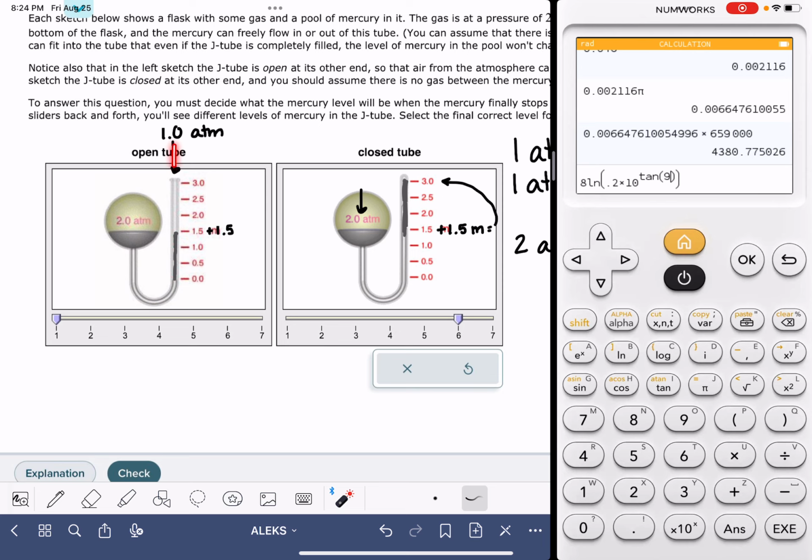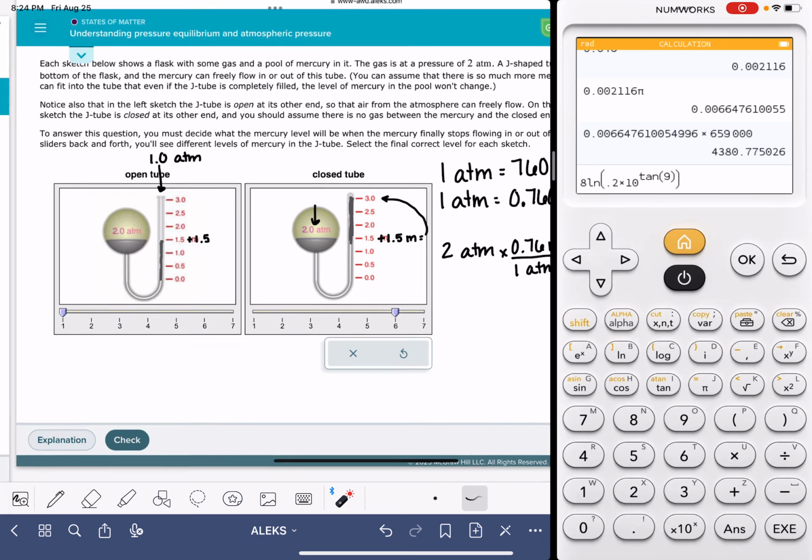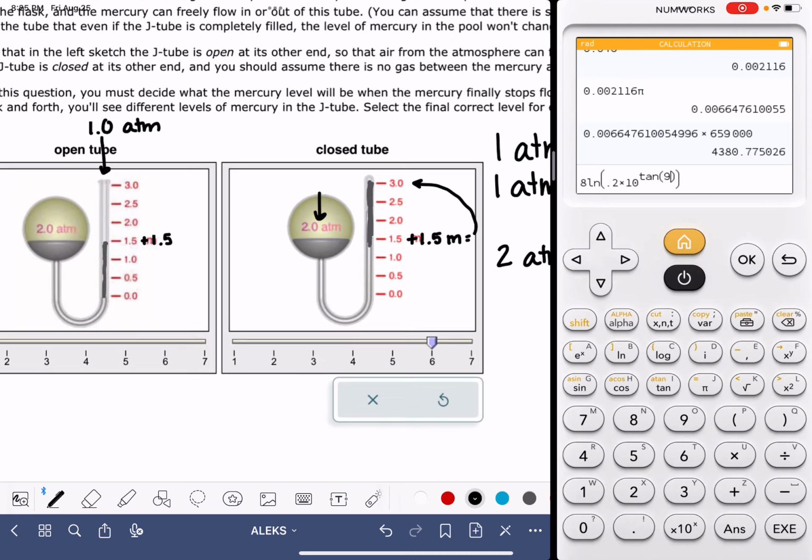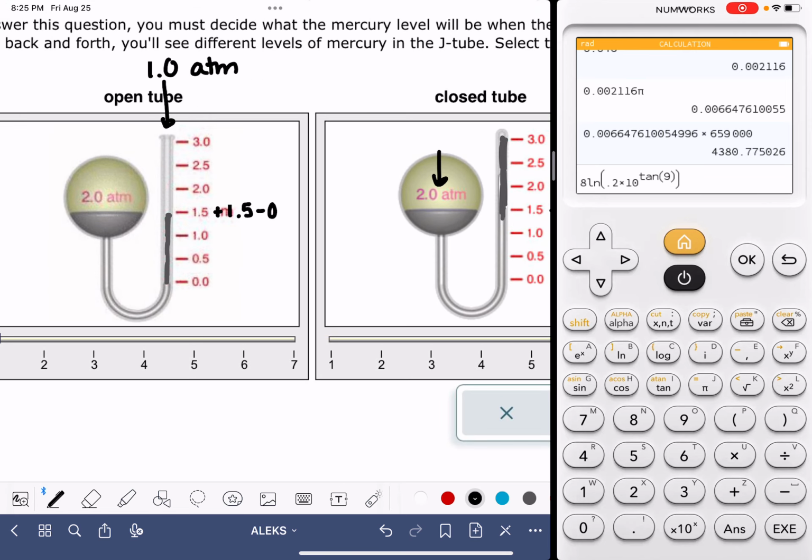So the atmosphere is pushing down 1 atmosphere of pressure. 1 atmosphere of pressure is 0.76 meters of mercury. So that atmospheric pressure is going to push the mercury back down by 0.76. And what we need to do is subtract that. I'm just going to call it 0.8, from the height of the mercury.